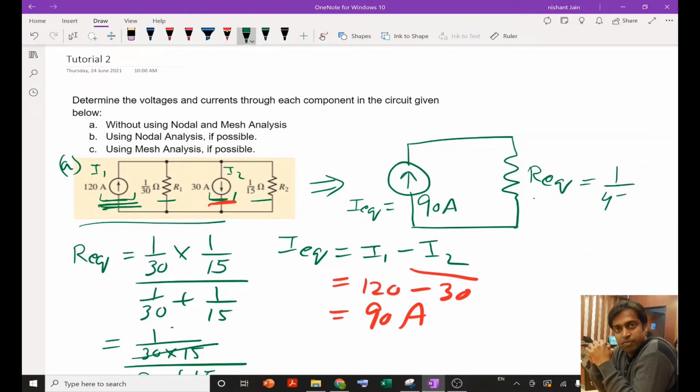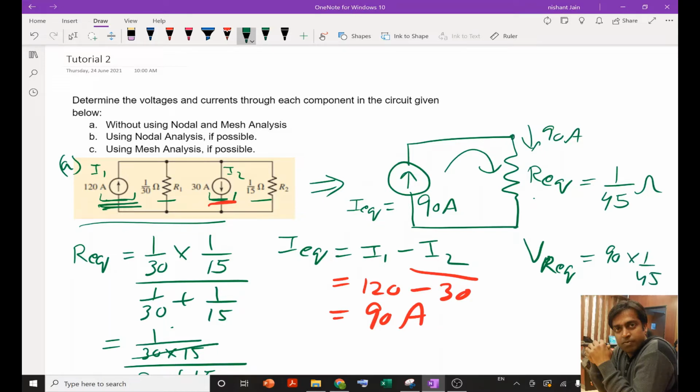Now if I apply my KVL over here, in this resistor the 90 ampere current is flowing. So the voltage across R equivalent will be equal to 90 into 1 upon 45, which equals 2 volt.